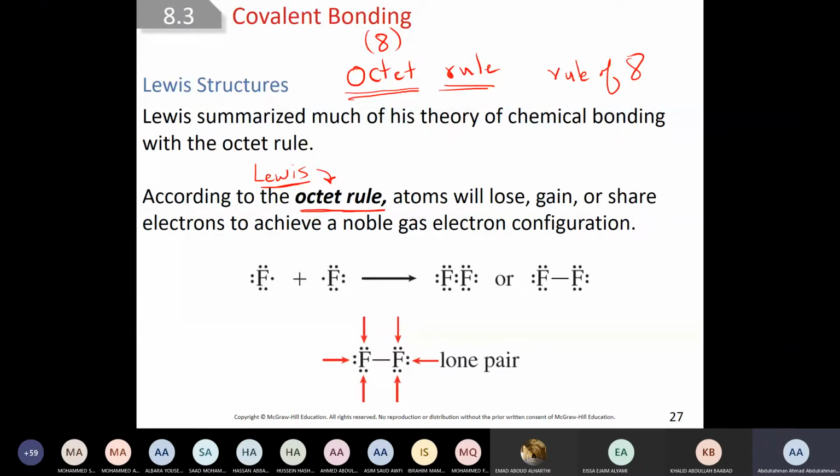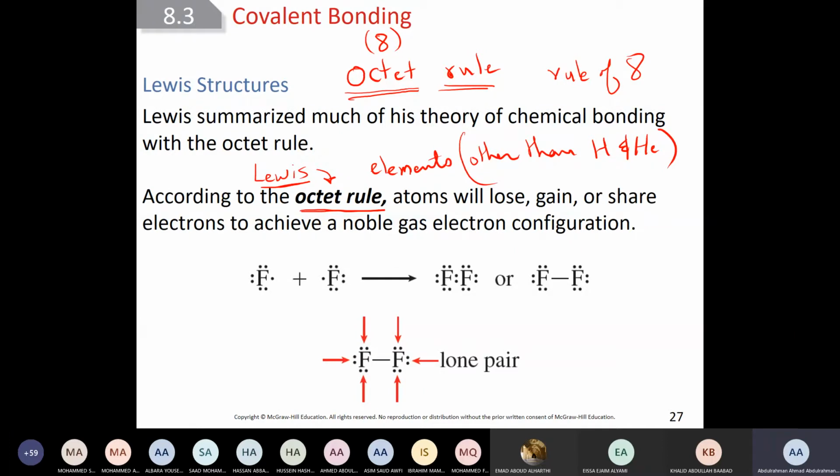What's the octet rule? Lewis says that for some reason, elements other than hydrogen and helium would like to have 8 electrons around them.